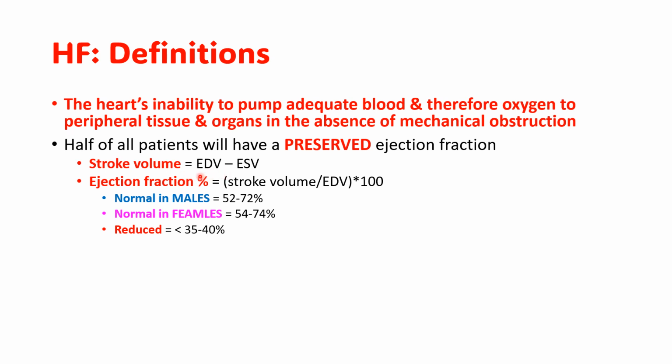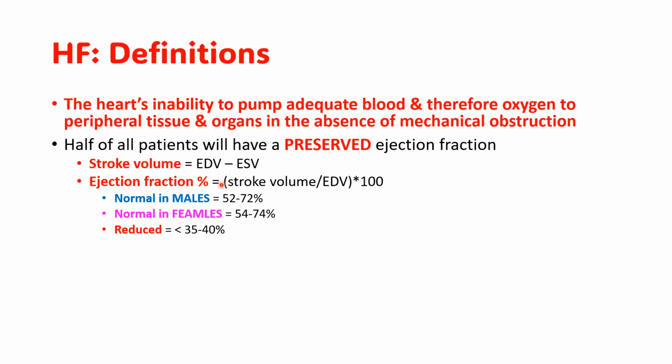And to calculate this, we need to know the end diastolic volume, which is the volume of blood within the left ventricle at the end of diastole, so at the end of cardiac relaxation. And we also need to know the end systolic volume, so the volume of blood which is remaining in the left ventricle after systole, so after contraction. And then we can work out the ejection fraction, which is a percentage.